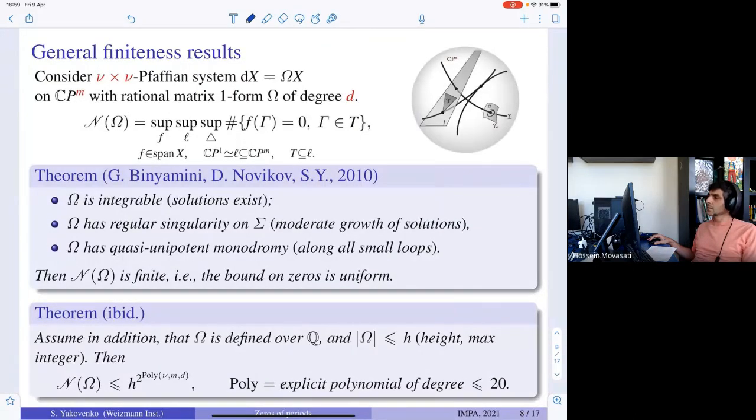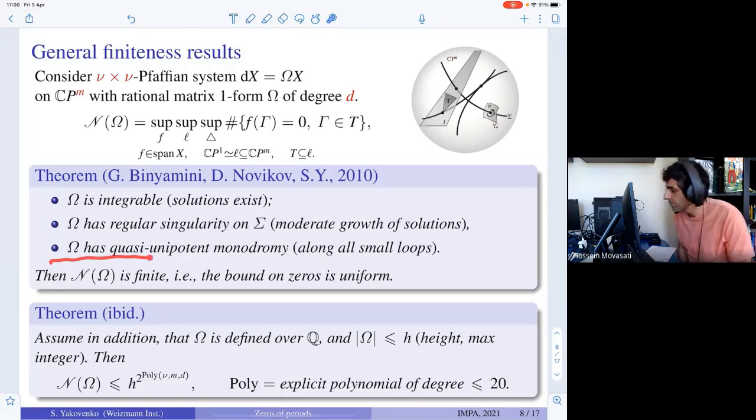And now I can formulate the main result, which is the theorem that we proved together with Galbin-Yamini and Dmitry Novikov. So we have a Pfaffian system, which is integrable, so that solutions exist, which has a regular singularity on the singular locus, on the polar locus, which we also have for free because of the construction and of the Picard-Lefschetz of the period matrix.